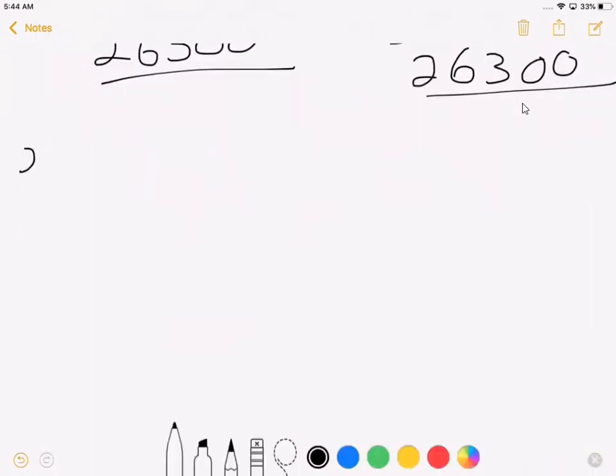I'm going to do another example. Example number 2, which is 7,42 multiplied by 10 to the power of 6. Your comma needs to move how many times? Your comma needs to move 6 times.